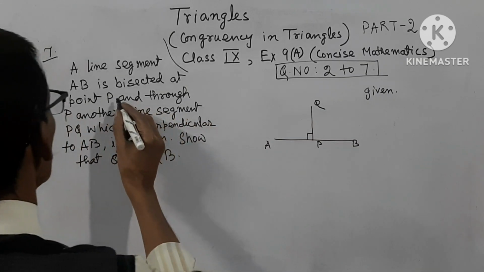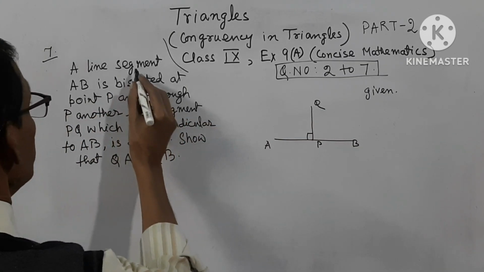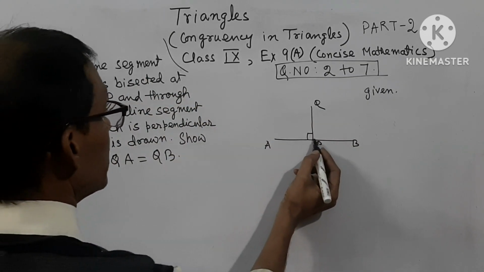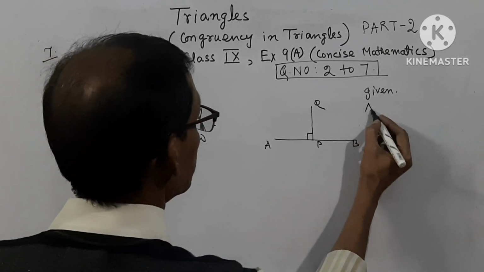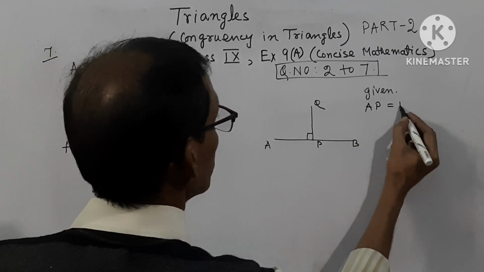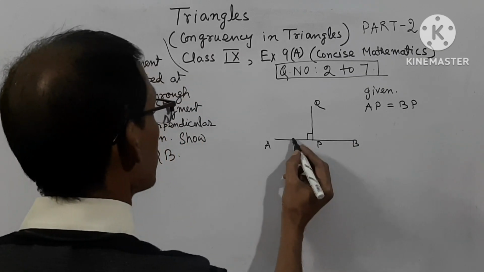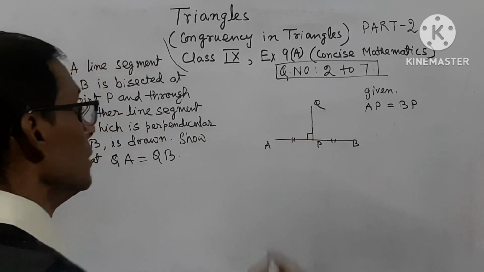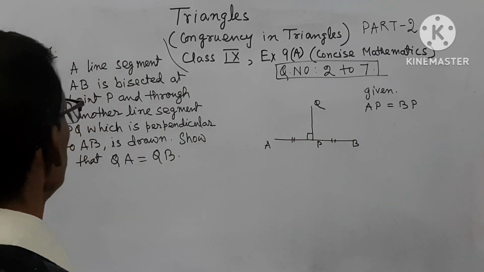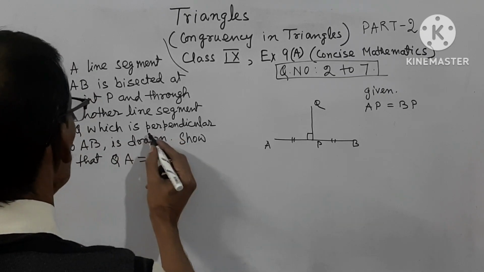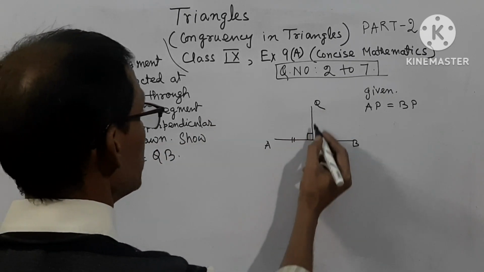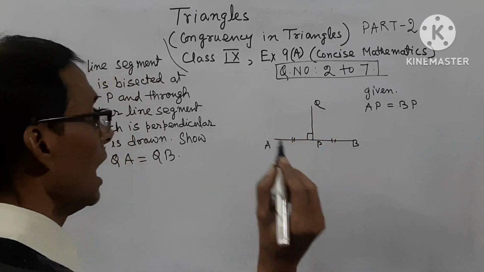So what is given? AB is bisected at P, that means AP equal to BP. We can mark also AP equal to PB, and PQ is perpendicular, already I have marked.